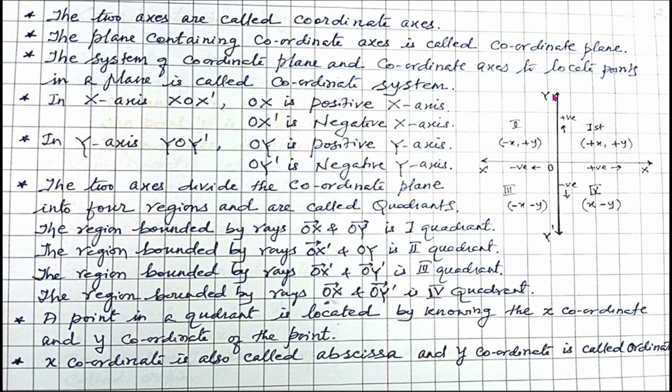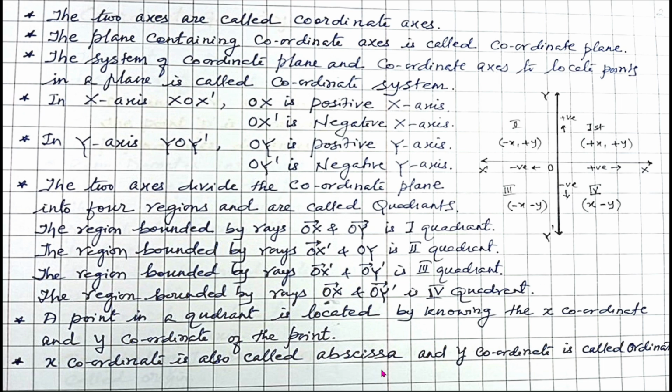The coordinate plane is divided into four regions or four quadrants by the two coordinate axes lying in the coordinate plane. A point in a quadrant is located by knowing the x coordinate and the y coordinate of the point. Please remember, a point in a coordinate plane is located by knowing the perpendicular distance of that point from the x-axis and the y-axis, and those perpendicular distances are called the coordinates of the point.